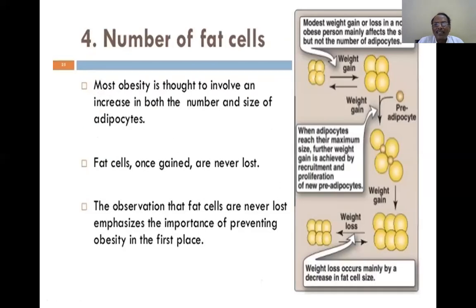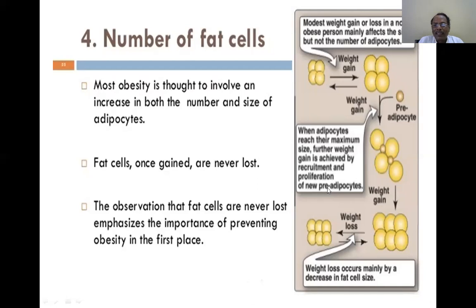The number of fat cells, this is more important. The number of fat cells is usually reasonably fixed in individuals. And the fat cell size is going to be increased or decreased. And once obesity starts, once the adipose tissue in the quiescent stage is activated and becomes active fat cells, then they will not go back.